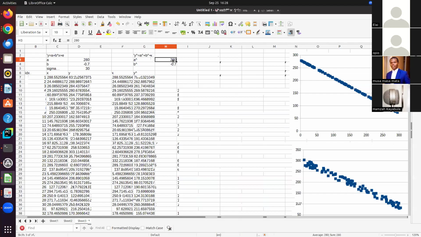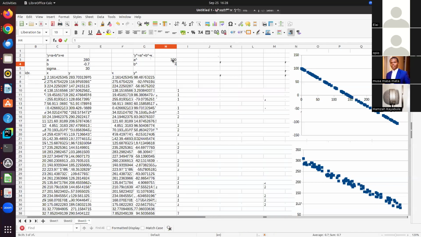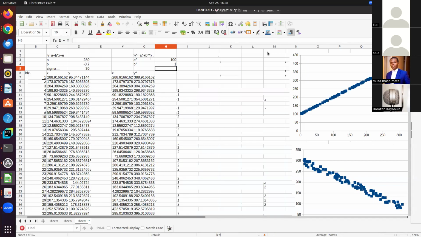So let's do it again. Let's put here again 100, and let's put here 1 just for the example. And now what do we want to do? We want to measure the difference between those points. So if I take this one to be, let's call it y hat, minus y, and we square it.